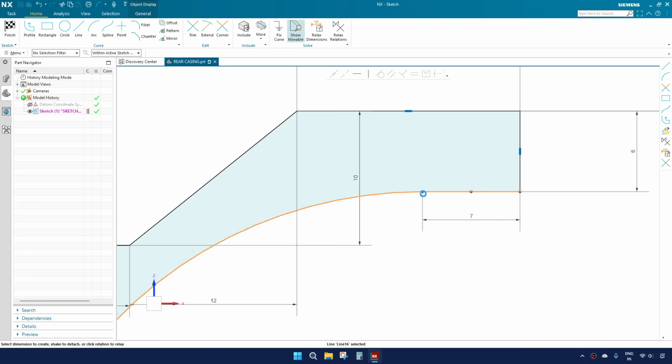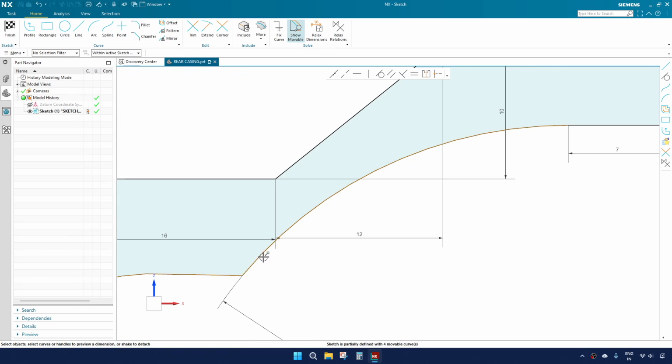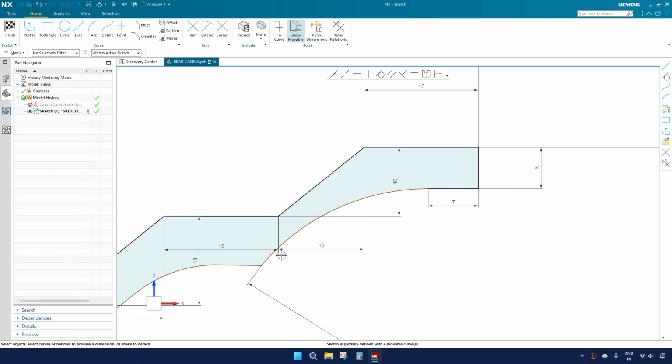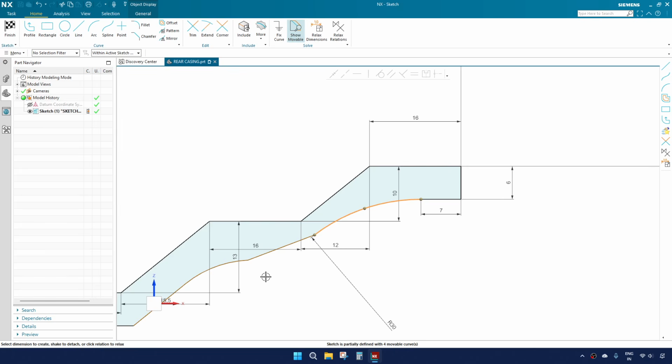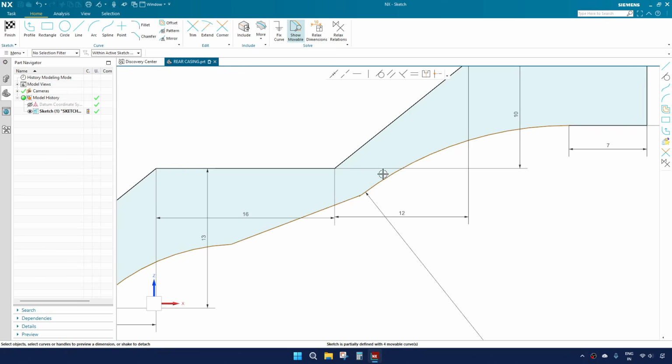Make these two tangential. These two tangential.